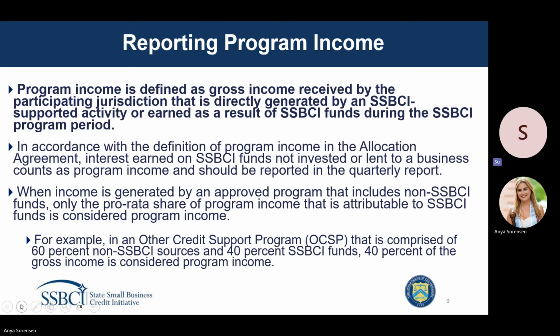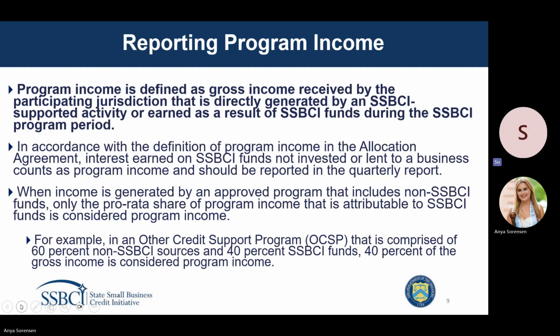A jurisdiction should only report its pro rata share of the program income that is attributable to SSBCI. For example, in a loan program that is comprised of 60% non-SSBCI sources and 40% SSBCI funds, the jurisdiction should only report 40% of the gross income as program income on the quarterly report.